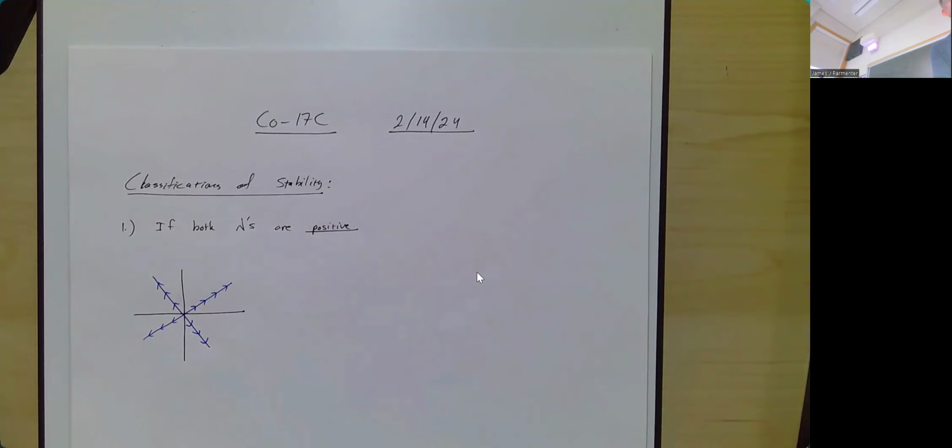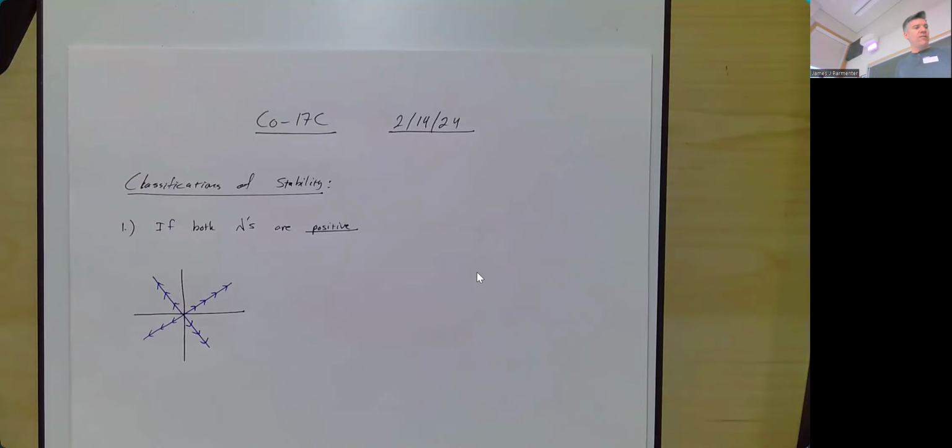Something I want to point out is that the eigenlines represent the strongest lines of attraction or repulsion. On the eigenline, that's where you are directly pointing towards or away from the origin. Whereas starting at some other initial condition, it's not a perfect direct away or towards the origin.